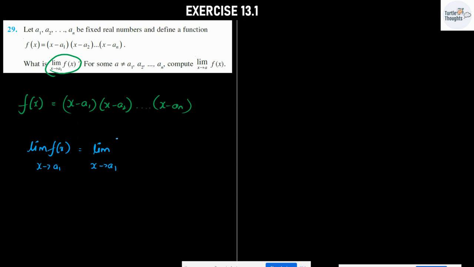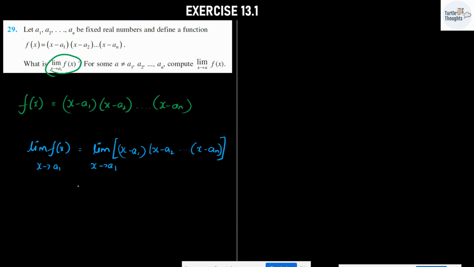of f of x. F of x is already given over here, so I can write (x minus a1) multiplied by (x minus a2) ... (x minus an). Now, this limit can be taken for each of the terms.